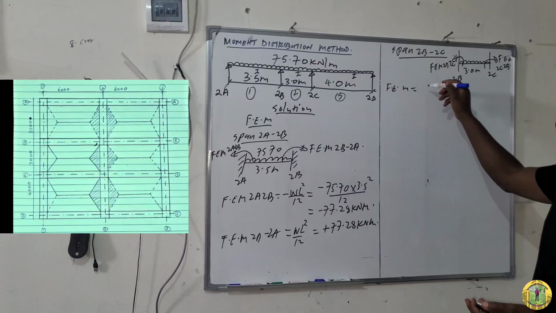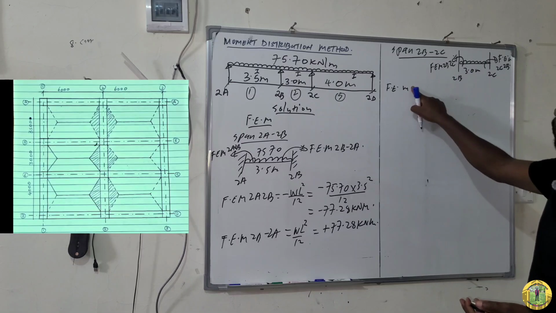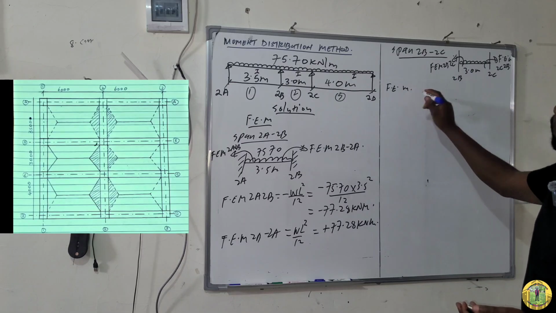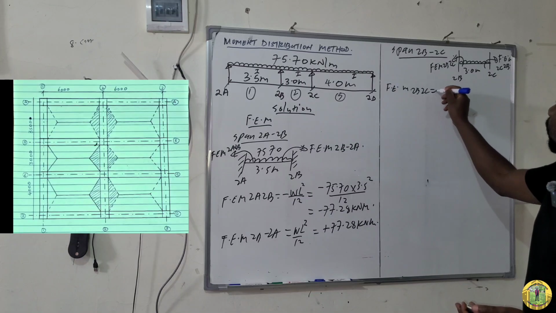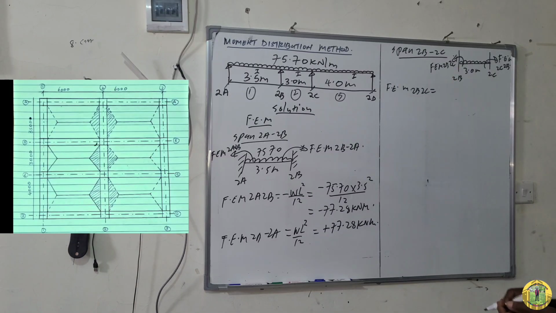We begin with fixed end moment 2B, 2C. This one is in the anti-clockwise direction.